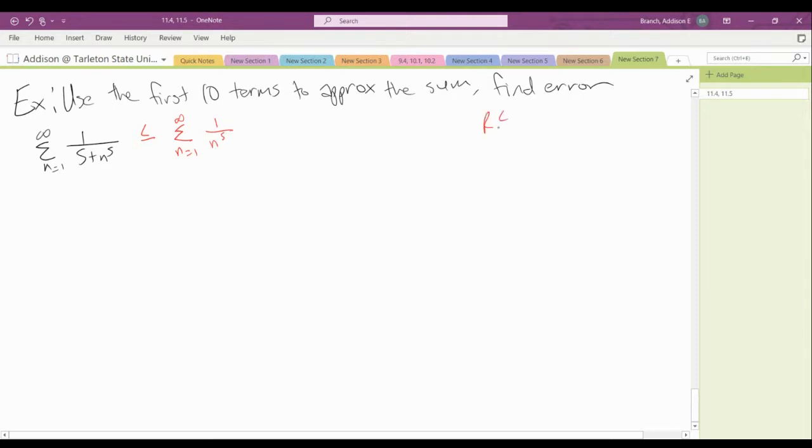So therefore, we know that R is going to be greater than or equal to T. So we know that this is connected to R, and this is T. So therefore, our error of R is going to be smaller than our error of T, which is going to be smaller than our integral from 10, since that's our starting point. They want us to use our first 10 terms, to infinity of 1 over x to the 5th, since that's going to be our b sub n, dx.